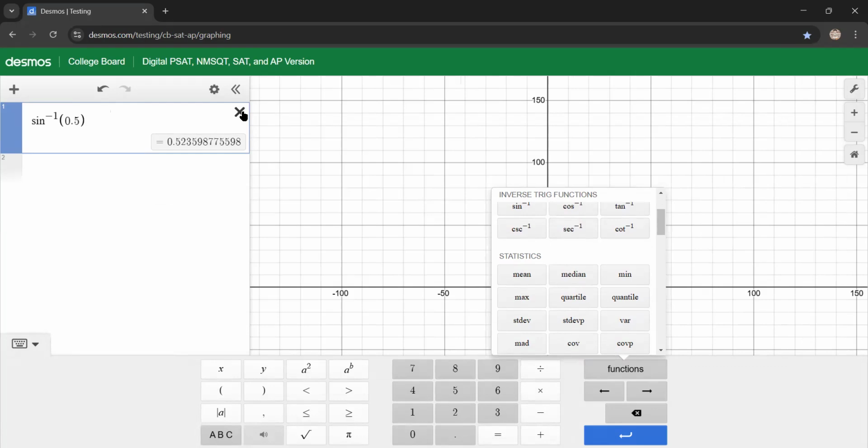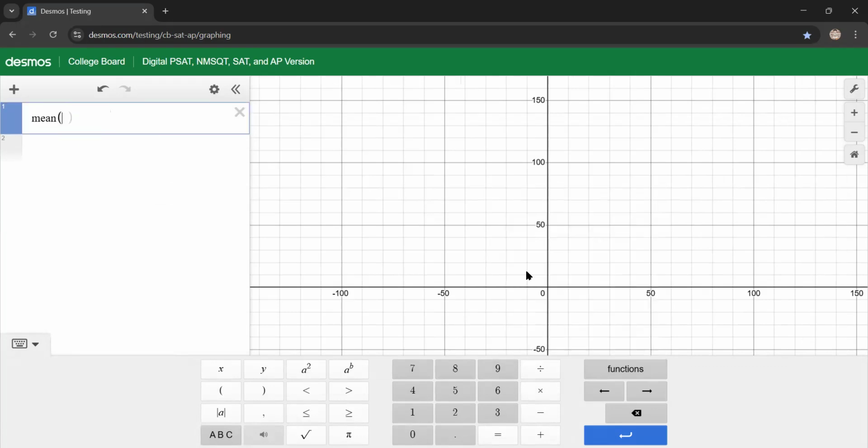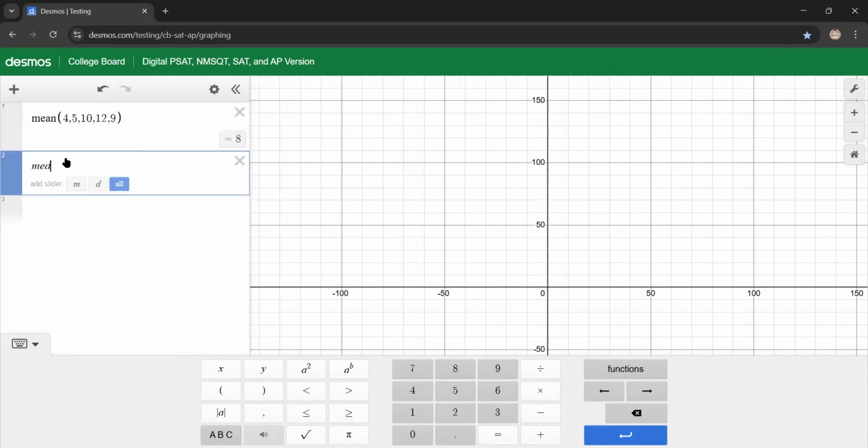Statistics functions are quite useful if you have, let's say, mean of 4, 5, 10, 12, 9. You have the mean, okay? And then you have median. Median of 7... You don't need to sort it or anything. See, I'll write a list which is not sorted at all. It gave me the median, okay?